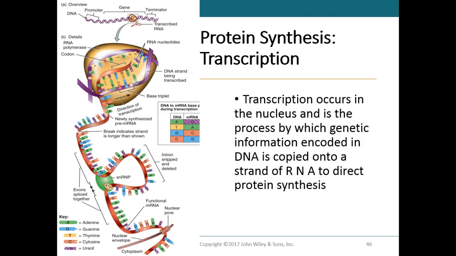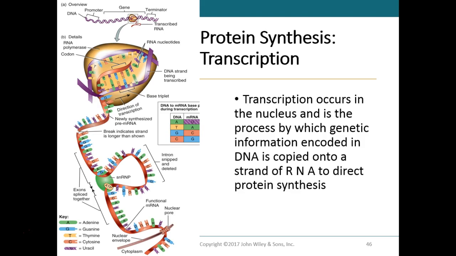So let's begin with that first step, and remember, transcription is going on in the nucleus. Transcription is the process where genetic information encoded in DNA is copied onto a strand of RNA called messenger RNA, or shortened into mRNA, and that's going to direct the making of the protein.